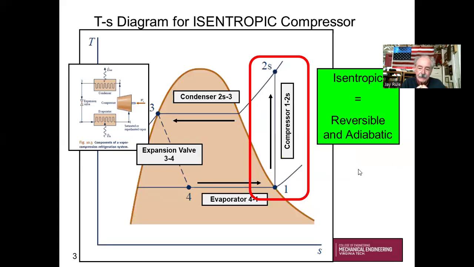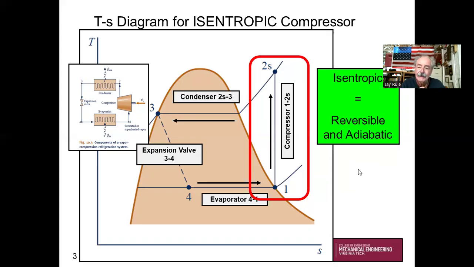What's that going to look like on our temperature entropy diagram for the ideal cycle, for the reversible and adiabatic compressor? Now, under all circumstances, we're going to consider the compressor process to be fully insulated. But let's take another step and say that for this analysis, our compressor is reversible as well as adiabatic.